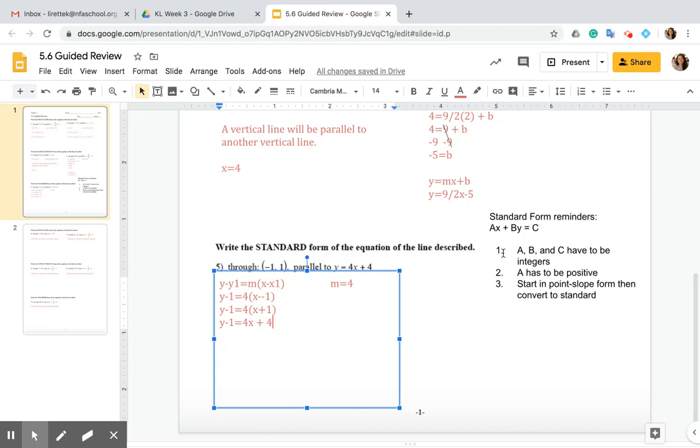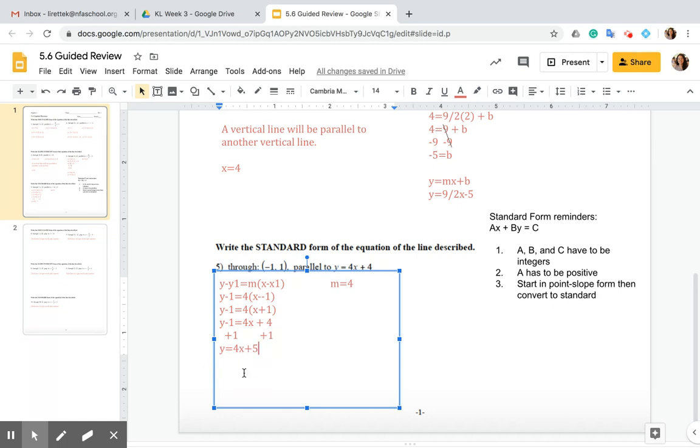Next thing I need to do is move some terms around. I need the x and the y together and the constant by itself. I've got a constant here on the left. I don't want that, so I'm going to move that over to the right by adding 1 to both sides. I'm going to be left with y equals 4x plus 5 when I combine those.